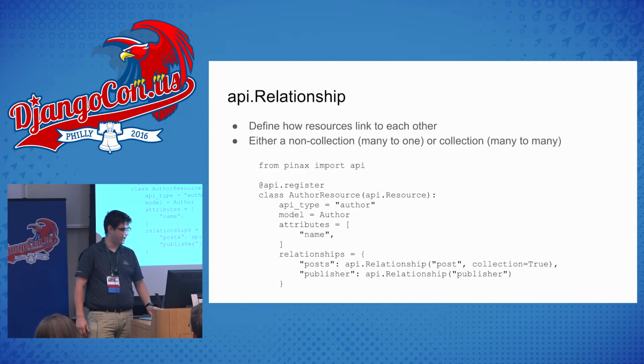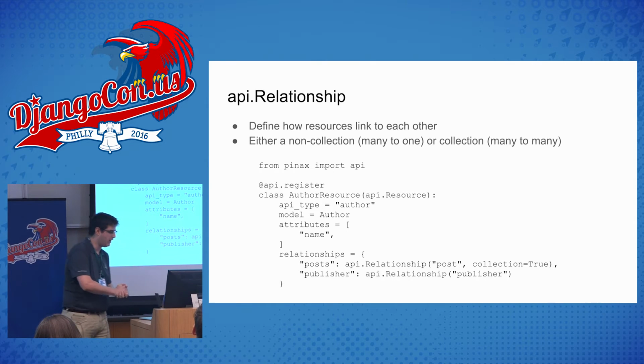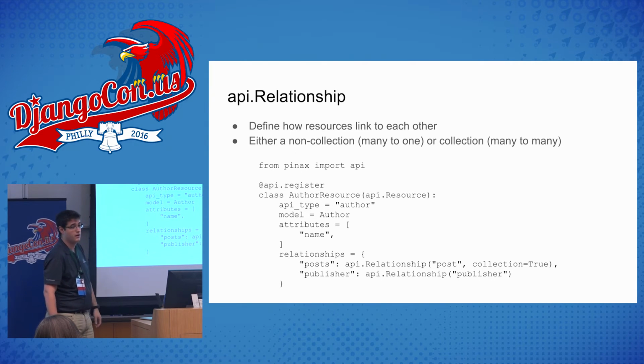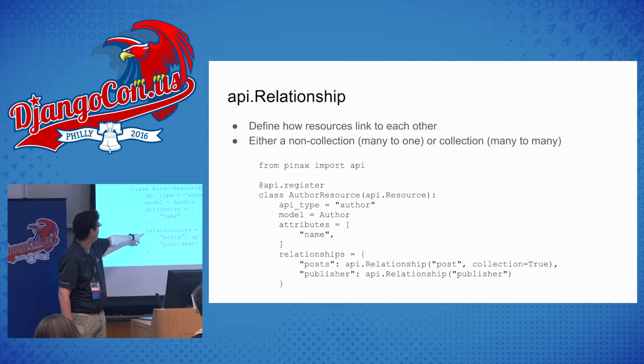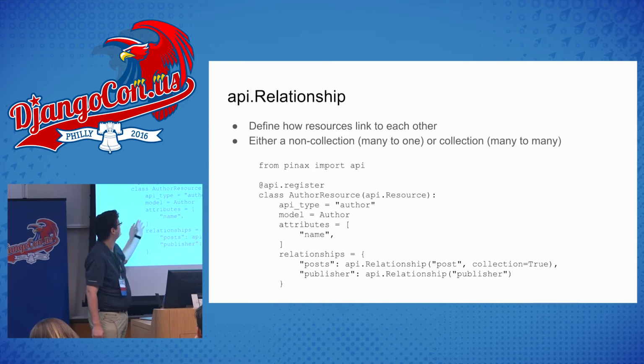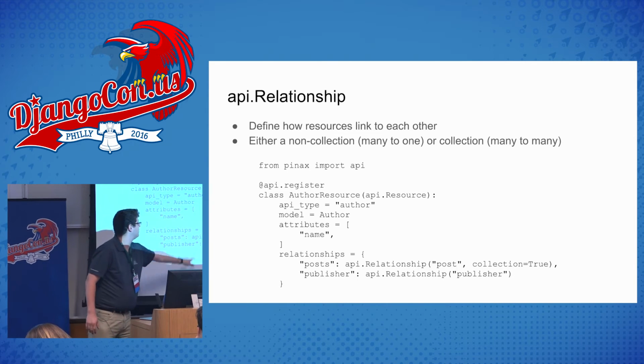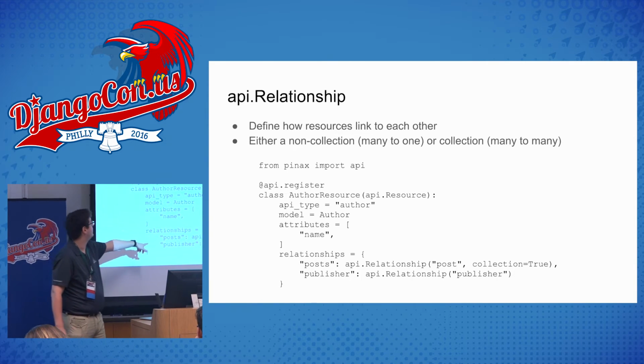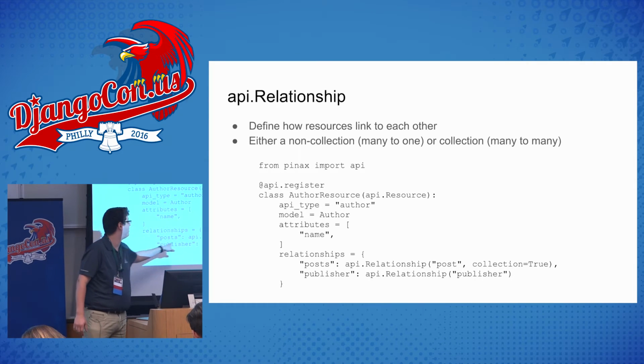Pinax-api uses relationship information to serialize linkage. So a relationship defines how you link data together. We have here the same resource, but actually adds in the relationship information here. So a relationship can either be a non-collection, which would be a many to one, maybe being many authors to one publisher, or it can be a collection, which in this case would be an author has posts.